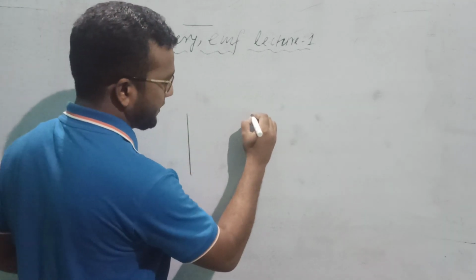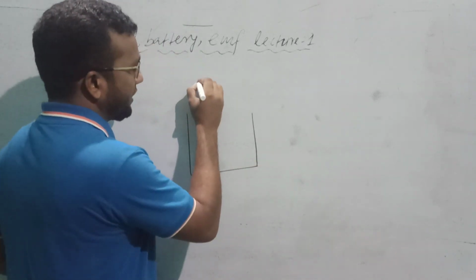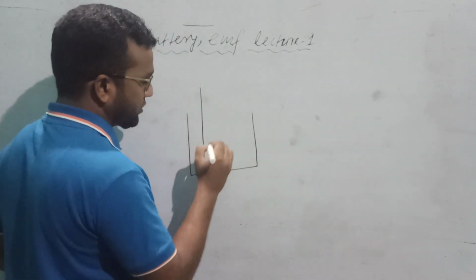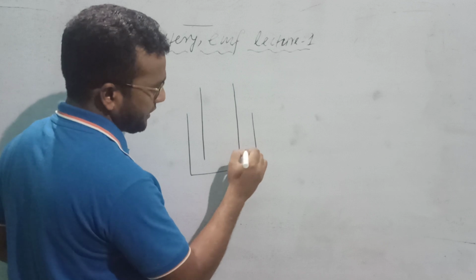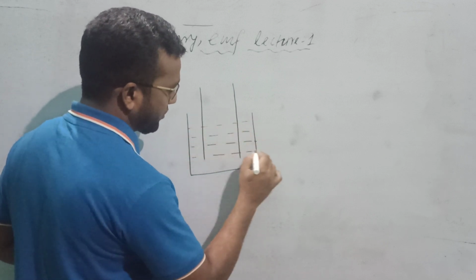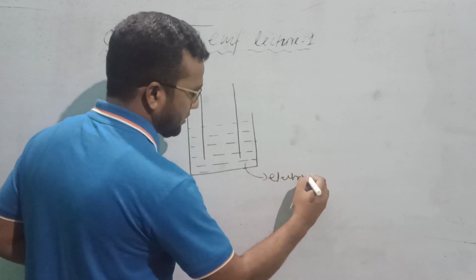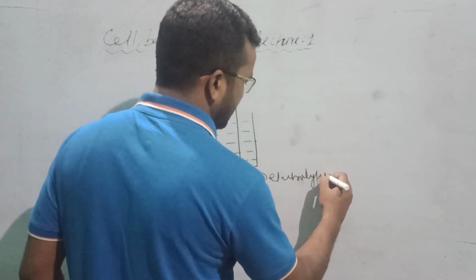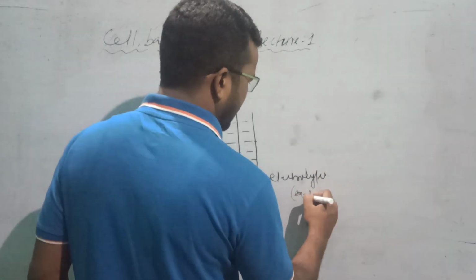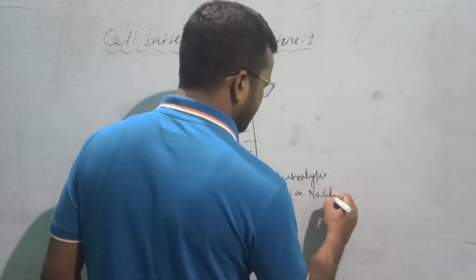So what is the construction of a cell? In simple words, two electrodes are kept in a container and inside it an electrolyte is kept, for example NaCl.